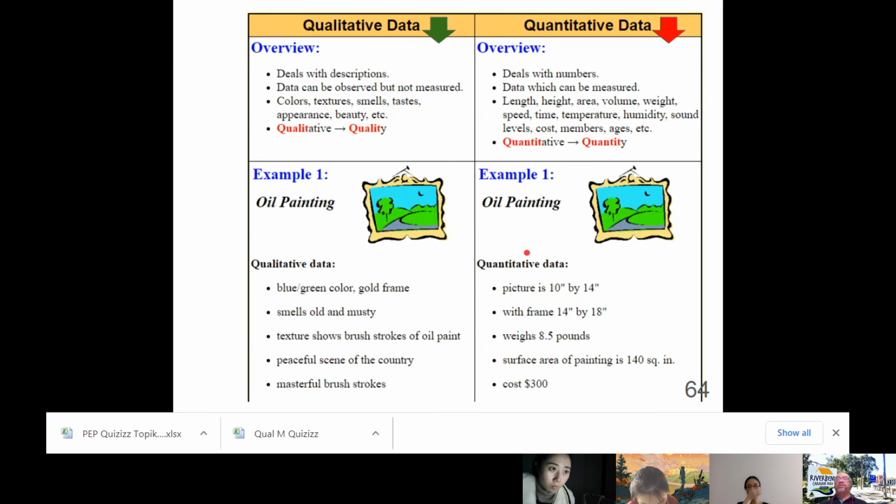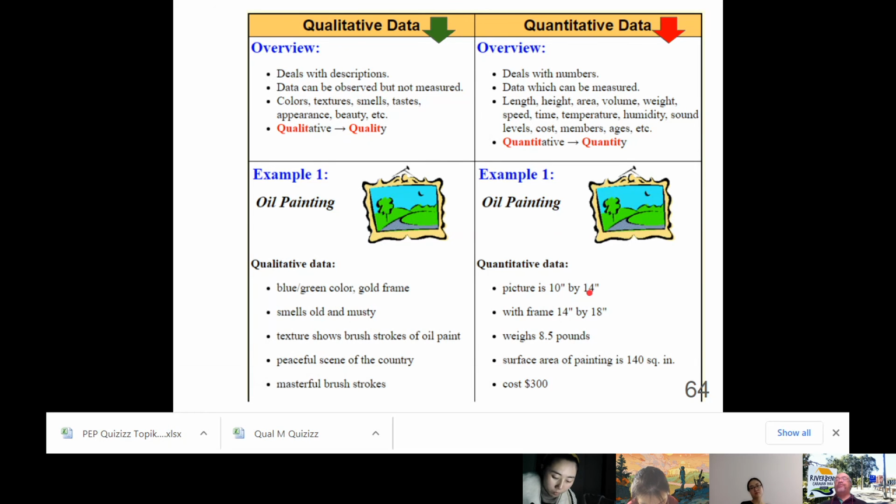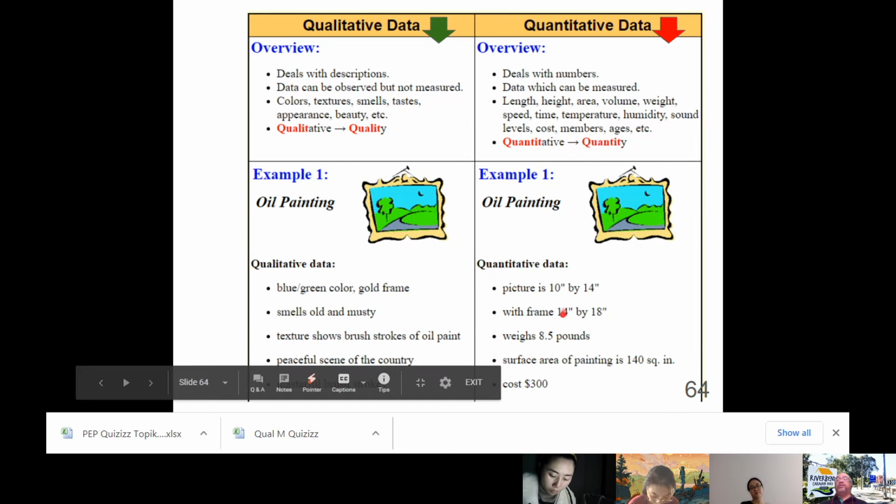Okay, so examples of the quantitative data. The picture is 10 inches by 14 inches. So that's the measurement. The frame is 14 inches by 18 inches. So also a measurement. And it weighs 8.5 pounds.